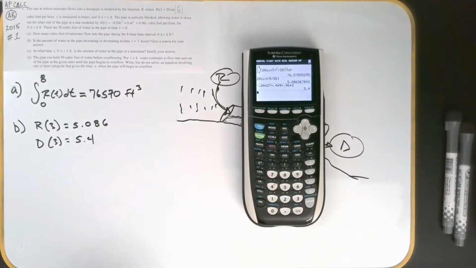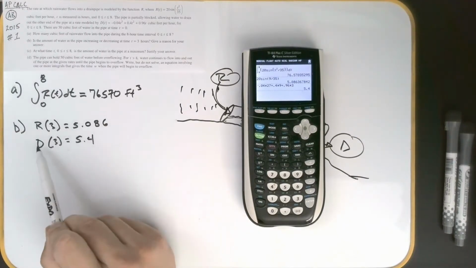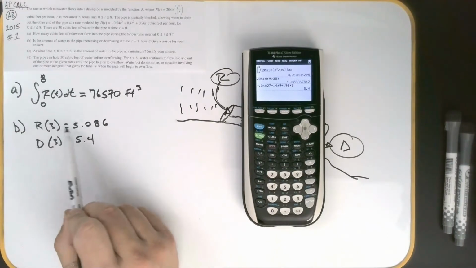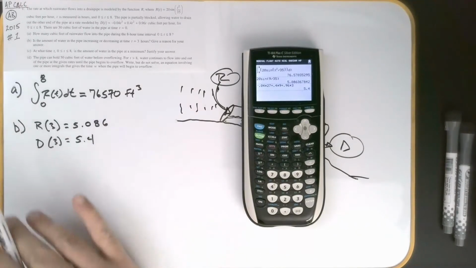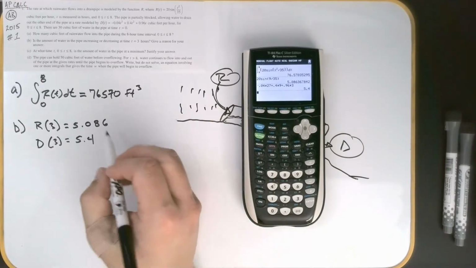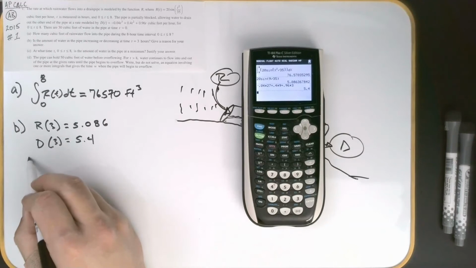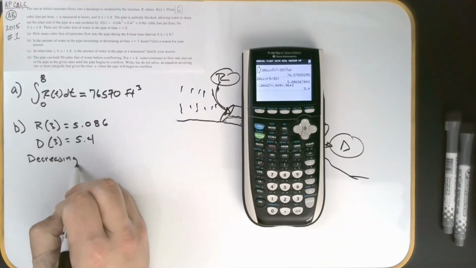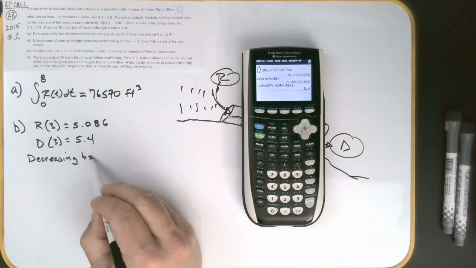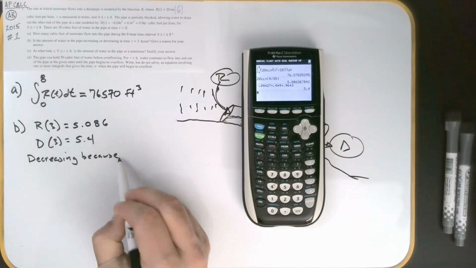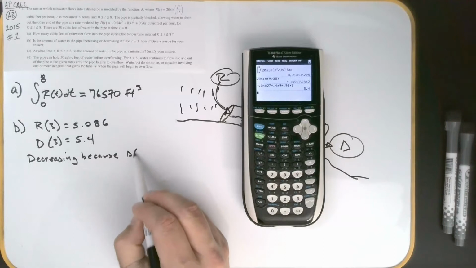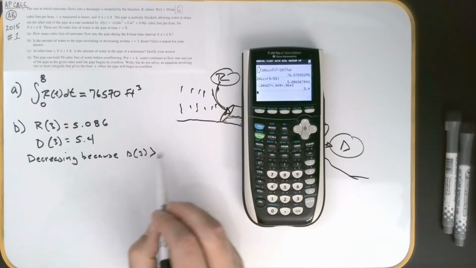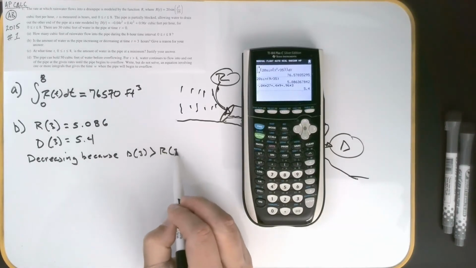So if you look at the question, it's pretty clear that the water is exiting faster than it's going in, so the amount of water that's in the pipe at any given time looks like it would be decreasing. And so you could just conclude the amount of water in the pipe is decreasing, and you could say because d of 3, which is the amount exiting, is greater than r of 3.